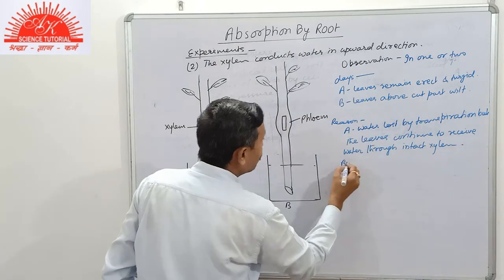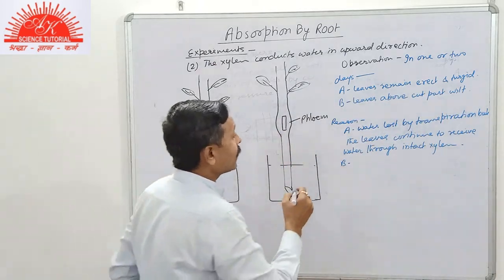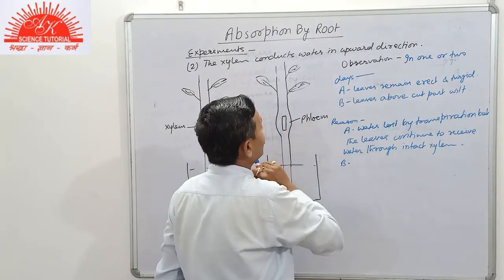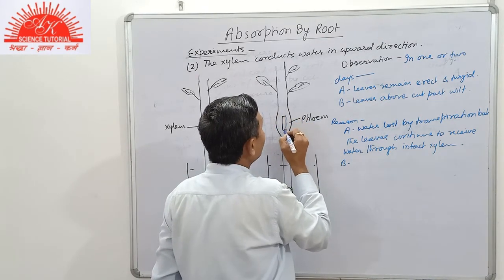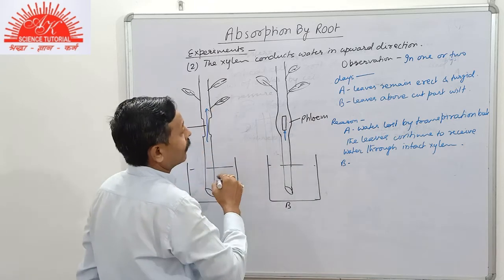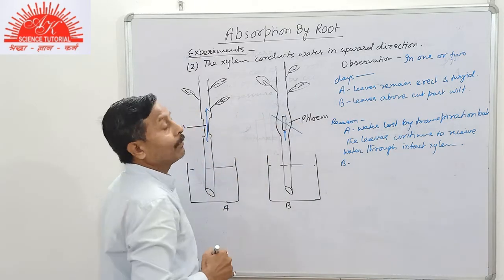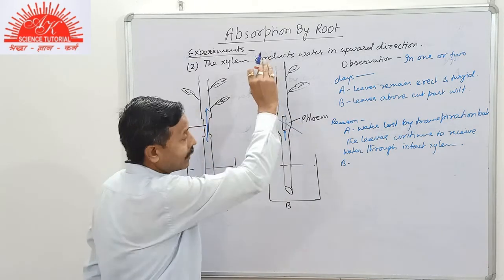But in case B, the xylem is removed and only the phloem is intact, so it is not able to receive water because the xylem is removed. There is no continuous channel.